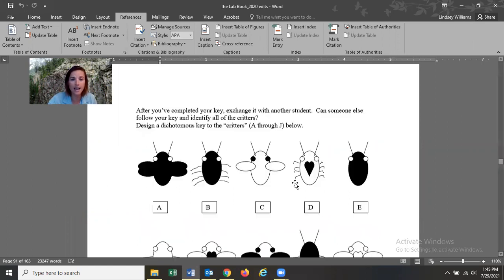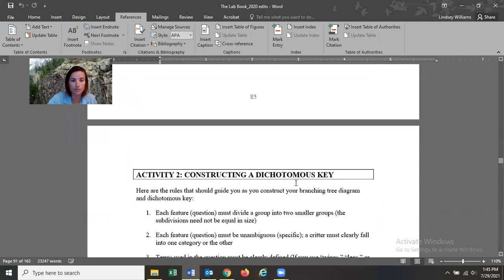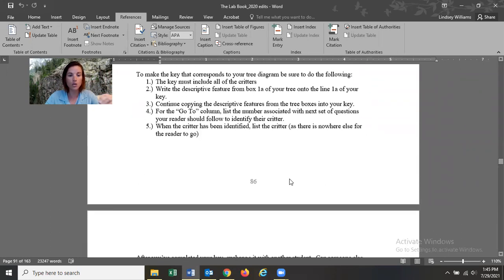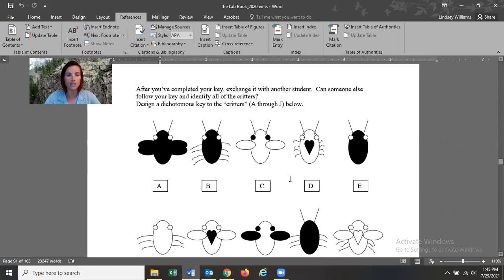This is activity 2. I have no idea why my students have done that. Don't do that. I can't give you credit for it, and then you have to go back and do the whole lab again. Do these critters, okay? These are the critters right here, critters A through J. This is what you need to base your branching tree diagram and your key on: characteristics of these made up bugs.